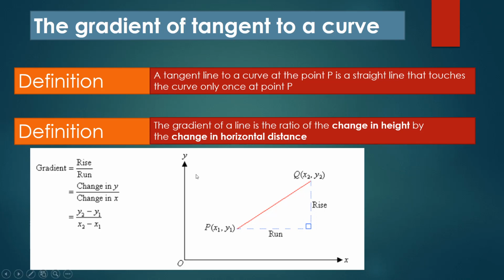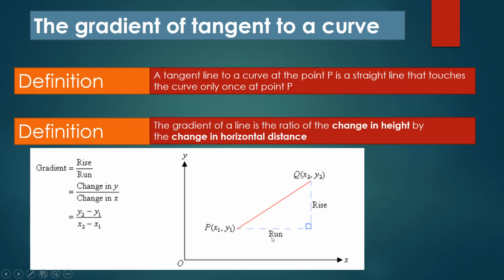For example, as we see here, we have two different definitions of the gradient. We can find the gradient by using any 2 points of the line, the point P and the point Q. The point P is (x1, y1), the point Q is (x2, y2), and we can just take the difference of y's, y2 minus y1, over x2 minus x1. Or we can find the gradient by the change in y over the change in x.